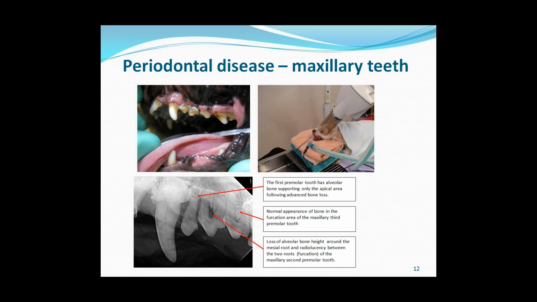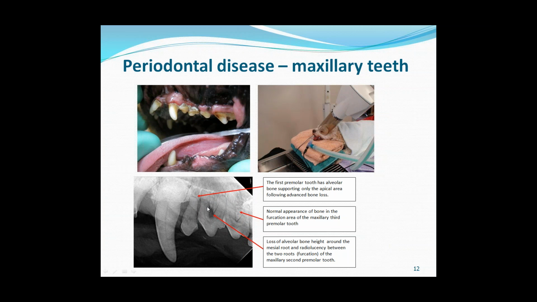So in this radiograph, we can see that the dog has advanced periodontal disease. We have loss of the alveolar bone. You can see the alveolar bone height is here around the first premolar. There's significant loss of alveolar bone around the tooth to the point where really only the apex is what's holding the tooth actually in the mouth.